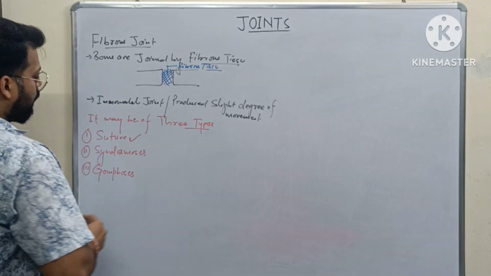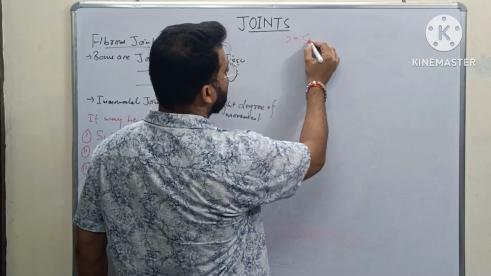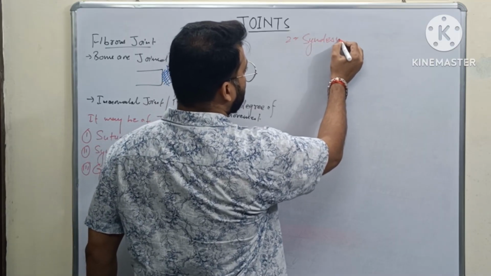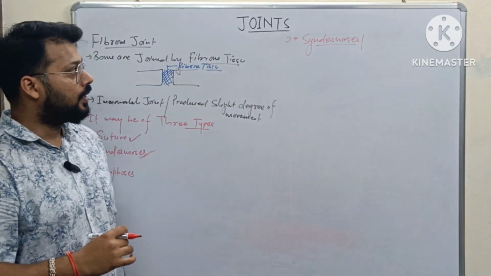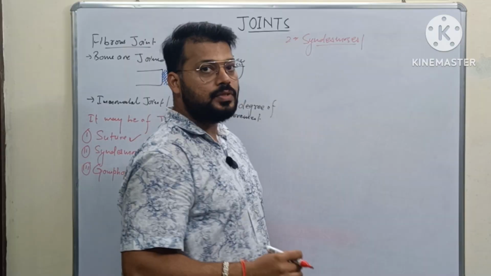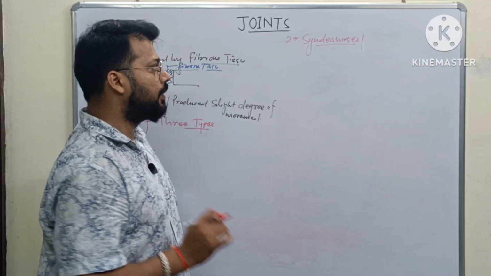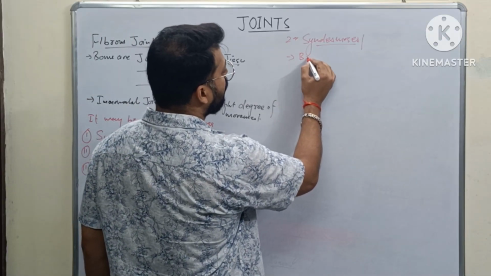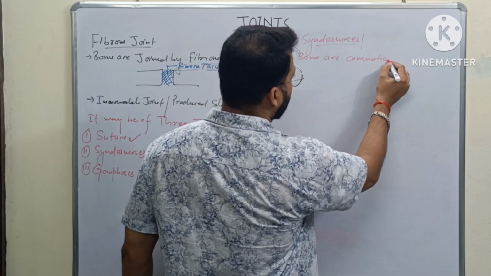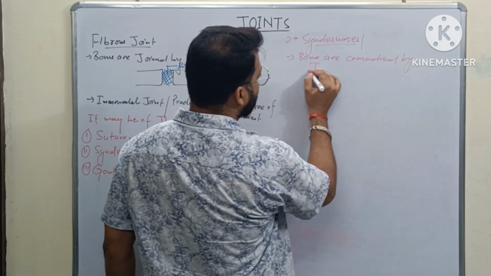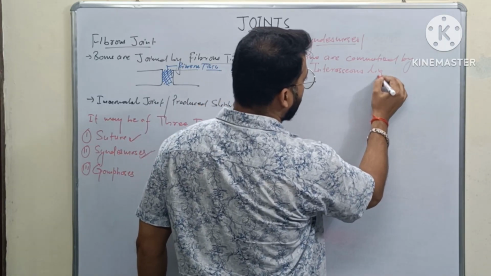Now the next type of fibrous joint is syndesmosis. In this type of fibrous joint, the surfaces of the bones are connected by an interosseous ligament. Means bones are connected by interosseous ligament.